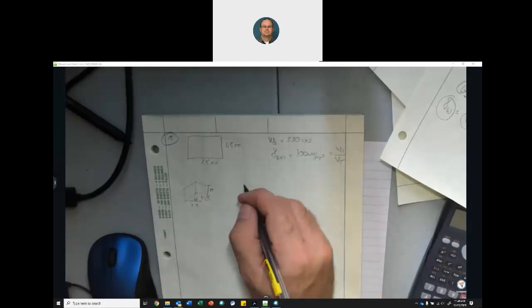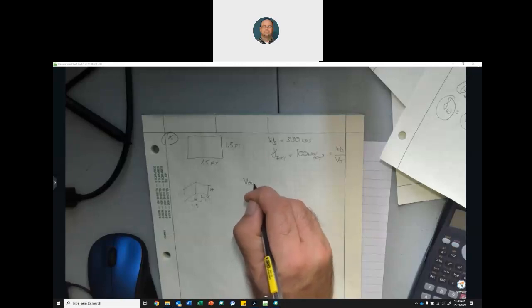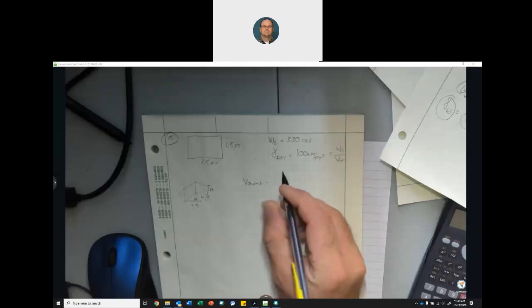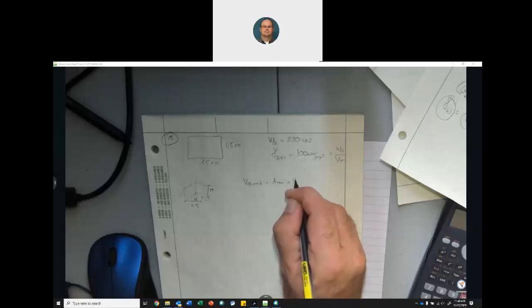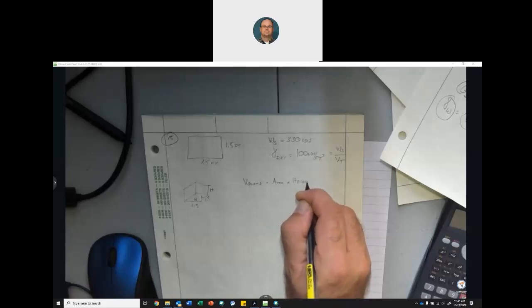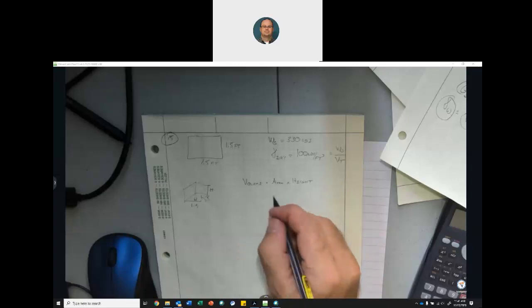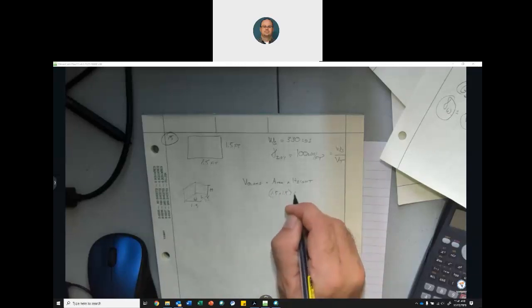So we know volume equals area times height. So we know our area is 1.5 times 1.5.